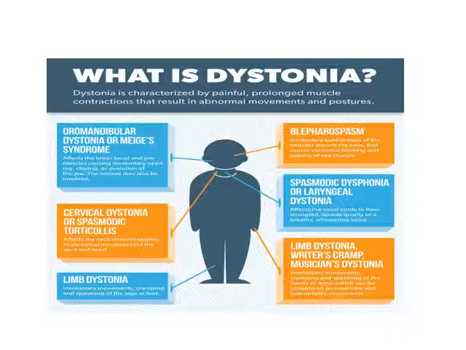It has to be painful, dystonia is always painful, and prolonged, to differentiate it from hypocalcemic spasms, to differentiate it from other types of involuntary muscle contraction. It has to be painful and it has to be prolonged. And it has to result in abnormal movements and posture. So painful, prolonged, abnormal movements. This is dystonia. This is the triad of dystonia.